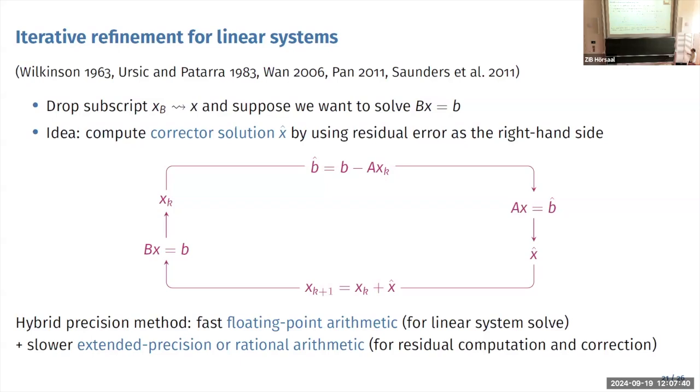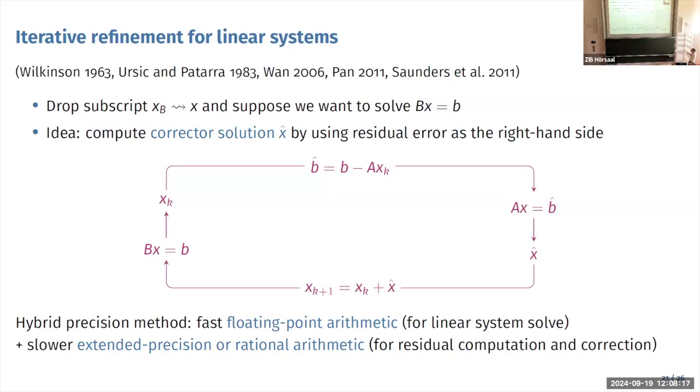And the trick here is that the solution of the linear systems on the very left side and on the very right side, you can do in your base precision, like double precision. Then the part where you compute the residual error and perform the correction, you can do in a higher precision. So this is a hybrid precision method. The key is that solving linear systems is in some sense more expensive, so for this we use double precision, which is very fast.